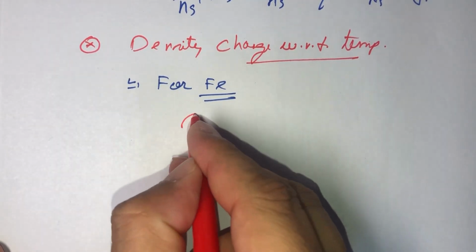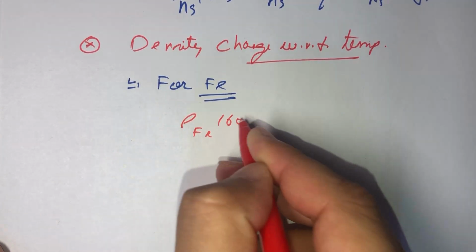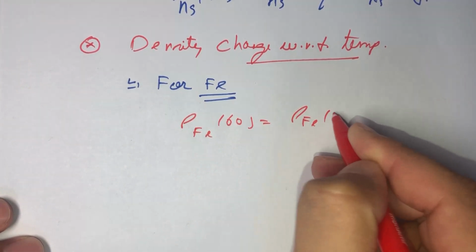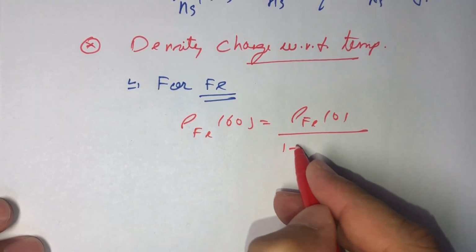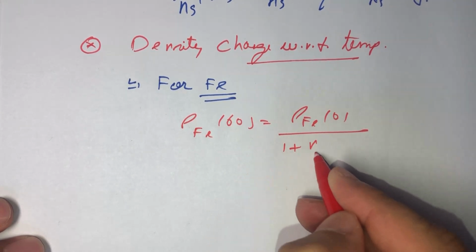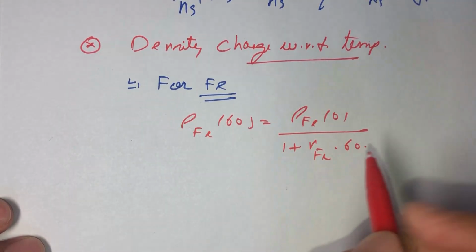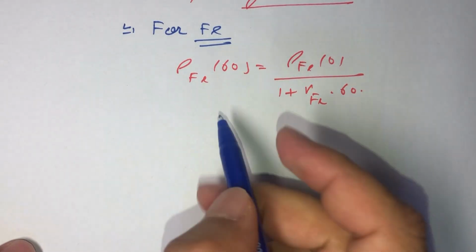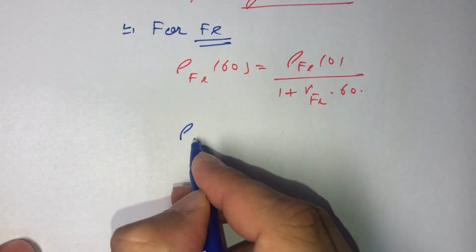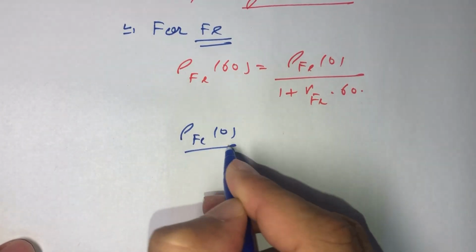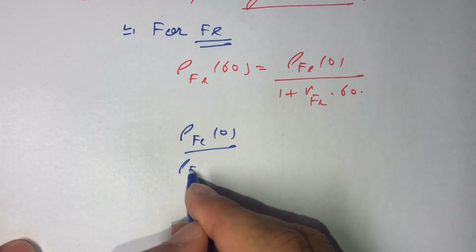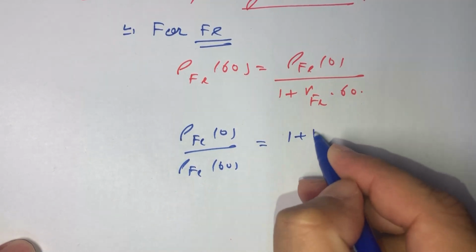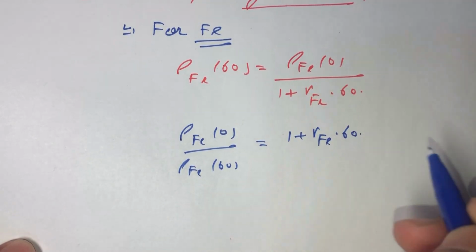We can write it as density of Fe at 60 will be equal to density of Fe at 0 divided by 1 plus the coefficient multiplied by 60, and from here we can find the ratio that density at 0 over density at 60 will be equal to 1 plus gamma Fe multiplied by 60.